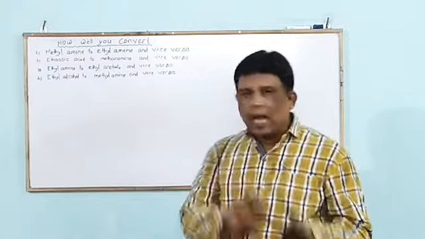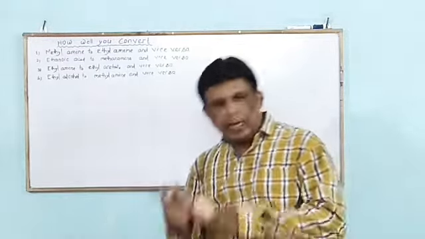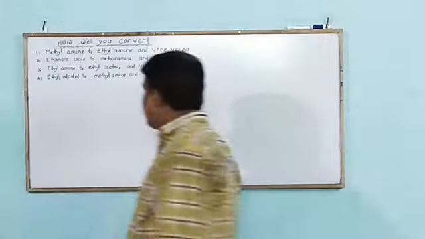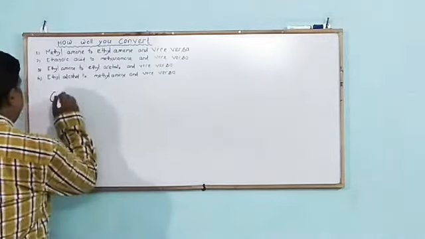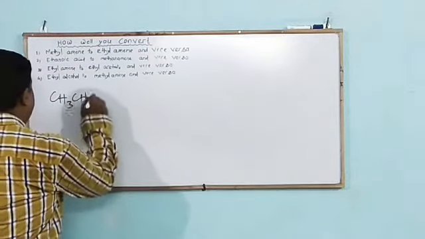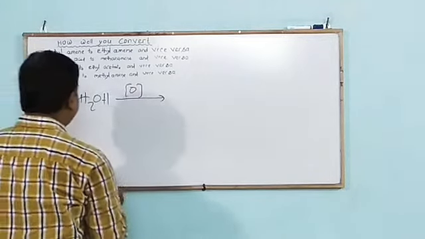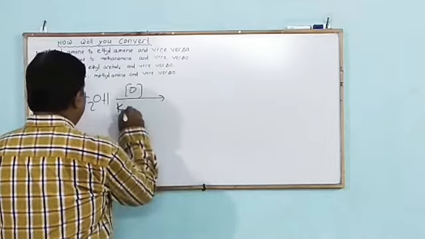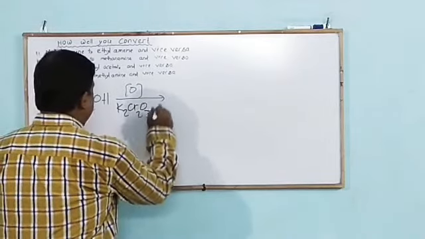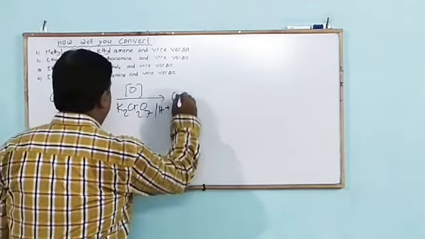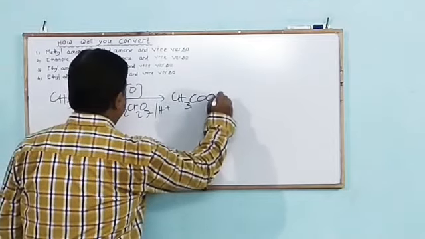So first, ethyl alcohol to methylamine. Ethyl alcohol on oxidation, that is in presence of acidified potassium dichromate, forms acetic acid.